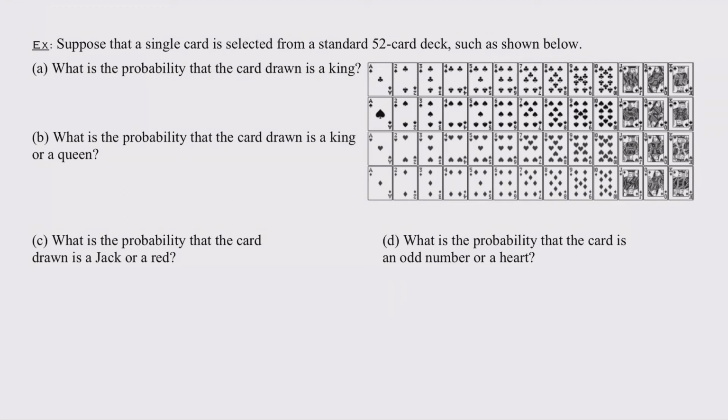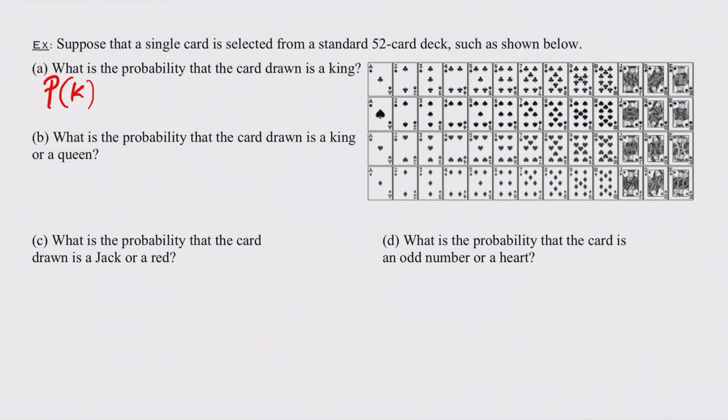What is the probability that the card drawn is a king or a queen? Well, these two events are disjoint because, looking at the queens, there are no cards that are both a king and a queen. So this will simply be the probability of picking a king plus the probability of picking a queen.